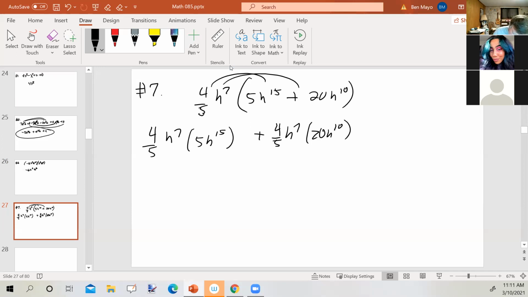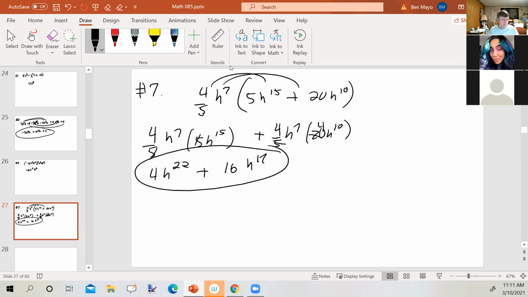The first product, the 5s would reduce out and you'd have 4h to the 7 plus 15 is 22. The second product, 20 over 5 is 4. 4 times 4 is 16. H to the 7 plus 10 is 17th power. Any questions about that?